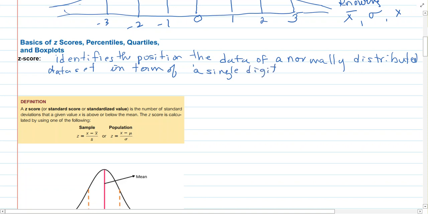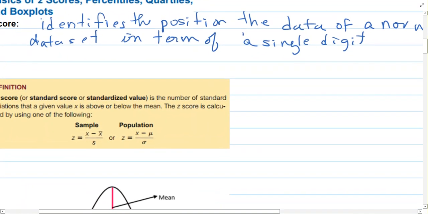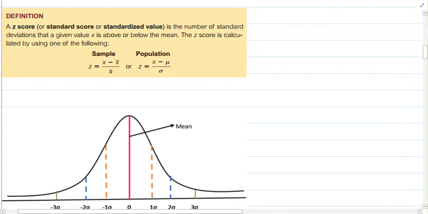All right, and we have a formula. This here is what the book said about a z-score.